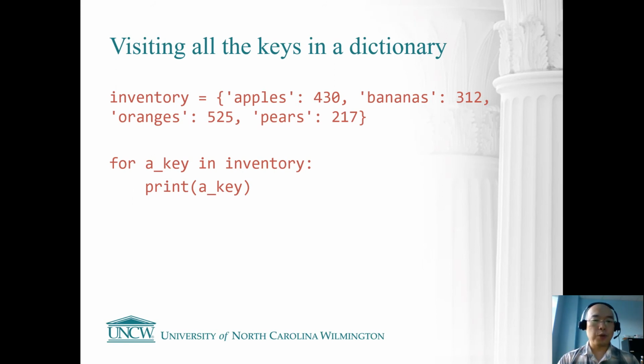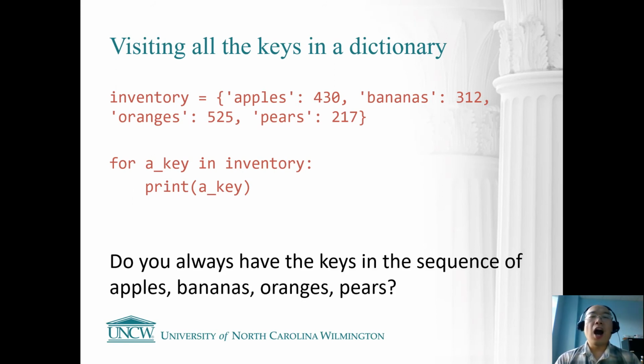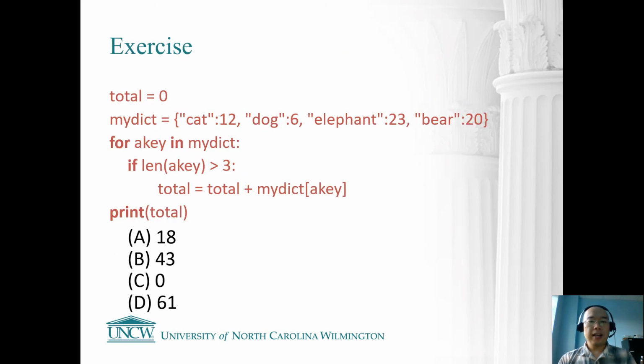So the next question is, am I gonna see those apples, bananas, oranges, and pears in that sequence? The answer is no, it's not guaranteed, because in Python, a dictionary is an unordered collection of objects. So it's very likely that you are going to see apples, bananas, oranges, and pears in this sequence, but there's no guarantee for that.